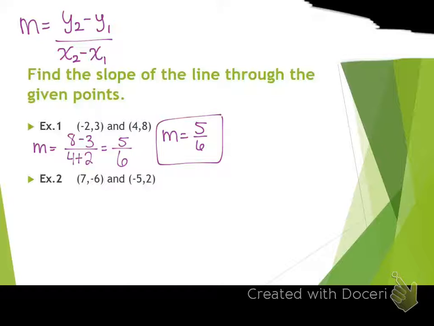1 over negative 2. Anybody else get 1 over negative 2? Or you could have gotten negative 1 over 2. Do we have any other options? Agree, disagree? I haven't figured it out, so I'm just asking you guys.